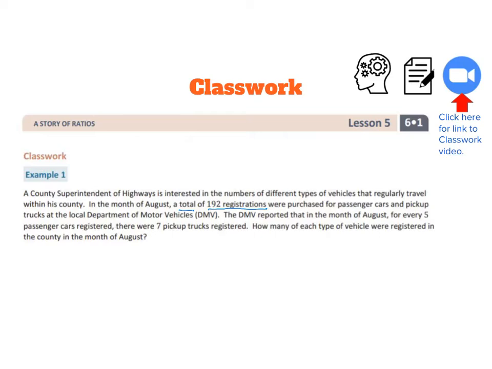The DMV reported that in the month of August, for every 5, here I'm hearing the ratio language, for every 5 passenger cars registered, there were 7 pickup trucks registered. How many of each type of vehicle were registered in the county in the month of August? So we're just focusing on that month. And we know that the total was 192.